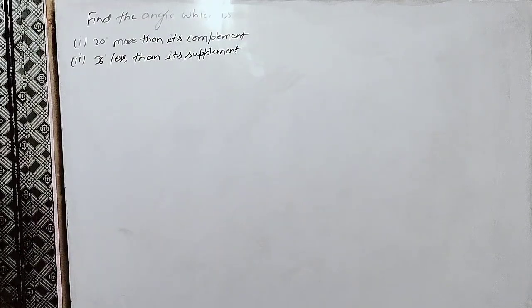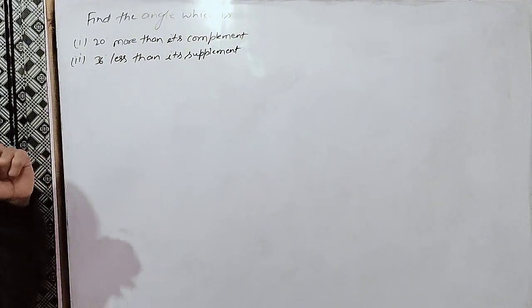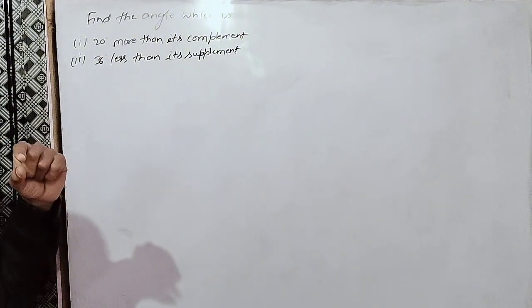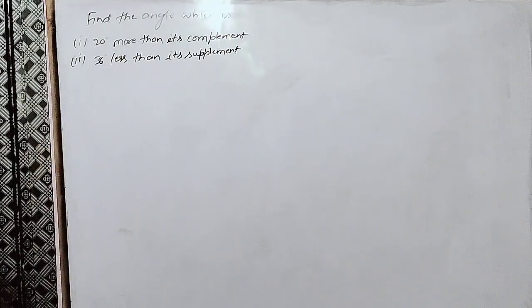It is saying you have 20 more than its complement. So can we write it 90 plus 20? 90 plus 20, which would be 110. But this is not the way.